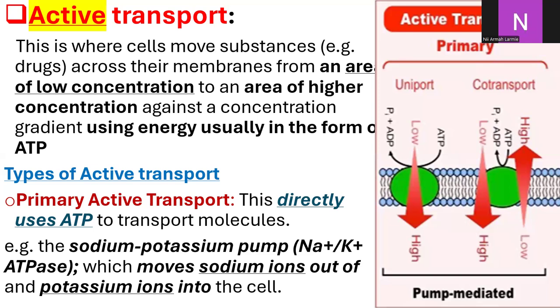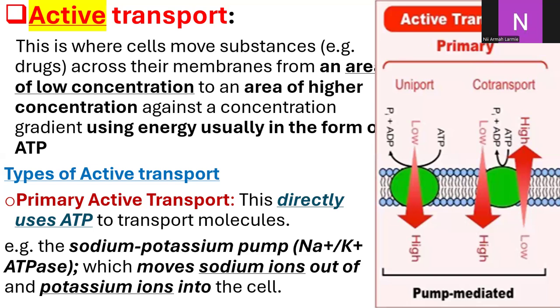So primary active transportation is an active transportation where the energy is directly used to transport the molecule. In other words, there's no mediation between the energy and the molecule. The energy is used directly to transport the molecule across the cell.